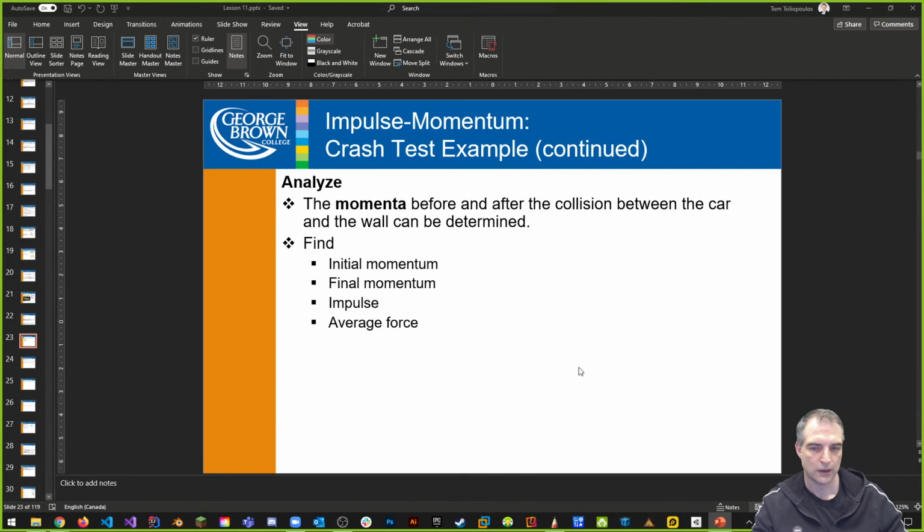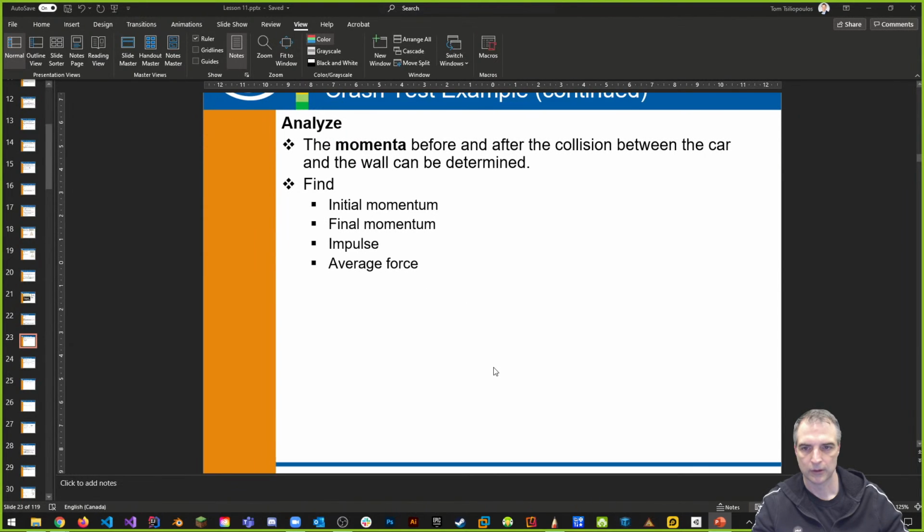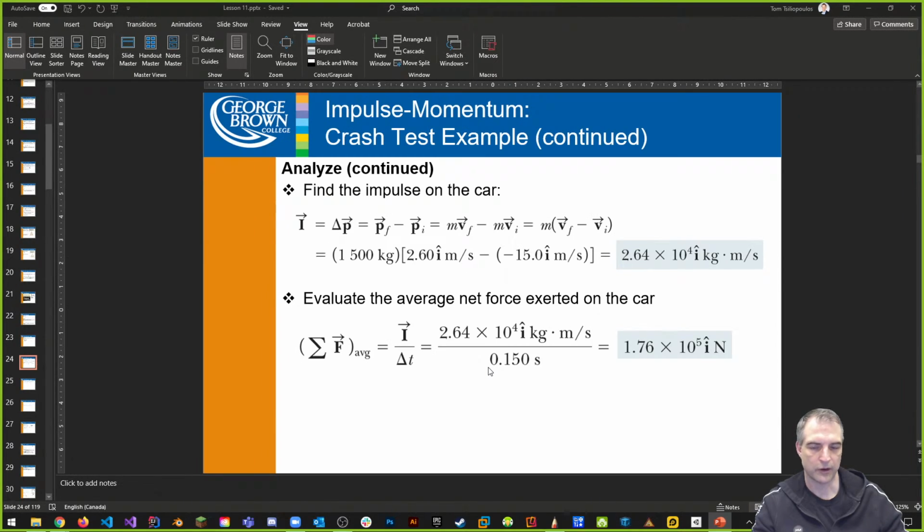Analyze. The momenta before and after the collision between the car and the wall can be determined. Find the initial momentum, find the final momentum, find the impulse, and then figure out the average force. We're looking for our impulse vector.